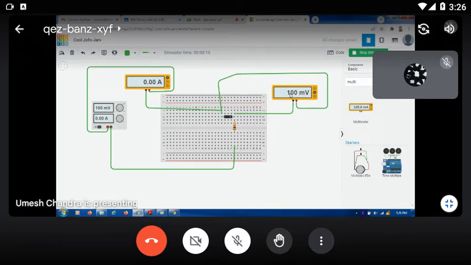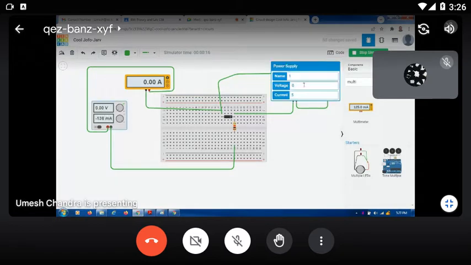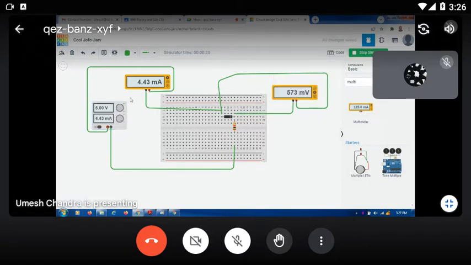Suppose I give 1 volt, you increase the voltage, then note down the diode voltage and the diode current. Suppose I give 5 volt, the diode voltage is 0.573 volt or 573 millivolt, and your current is 4.43 milliampere.